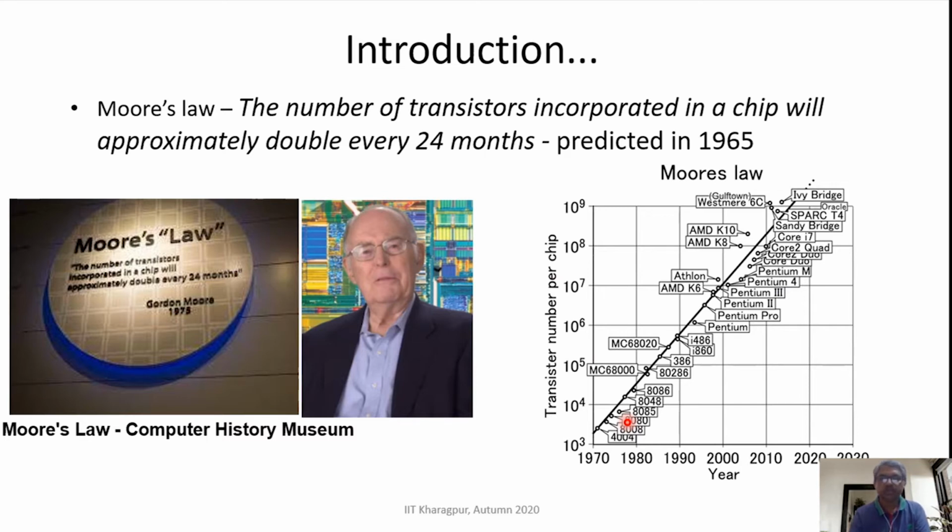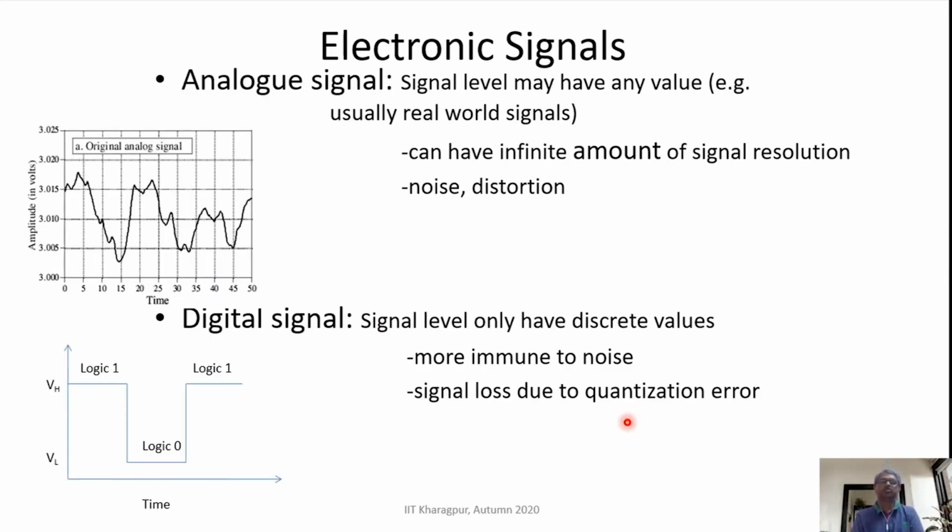Okay, now let's talk about electronic signals. There are mainly two kinds of electronic signal. One is the analog signal, and the other is the digital signal. Most of the signals which we see in nature are analog signals. The signal level may have any value in the case of an analog signal.